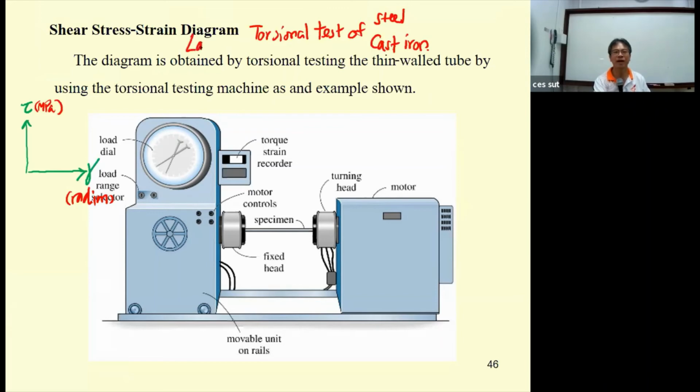That is going to be laboratory number 4. Okay, and then you put the specimen into the torsional machine, and then you twist it. Then you may plot the graph of the stress strain, and you will have the stress strain diagram for the steel in the form like this.